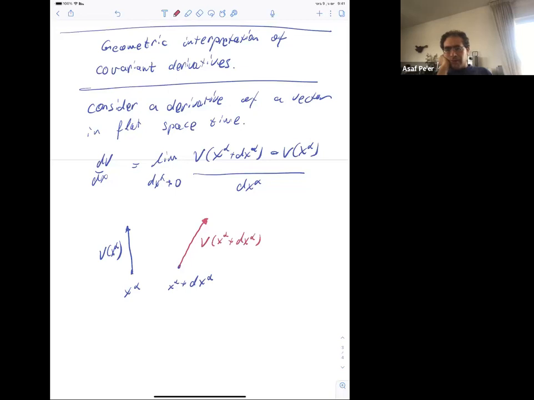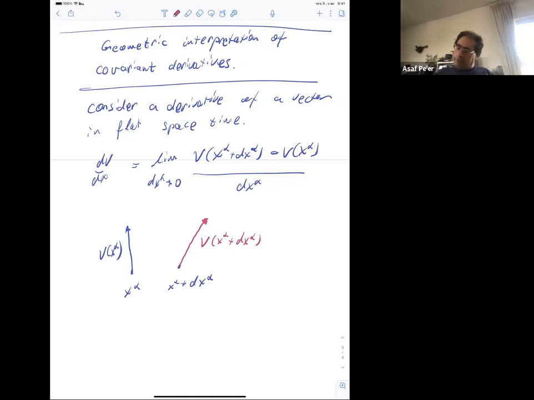So how can we subtract the vectors at the two different points? Well, the simple answer is we cannot, because they don't belong to the same space. They don't live in the same world. So what do we actually do? You never thought of it like that. But what do we actually do when we try to do this subtraction, to take this derivative?